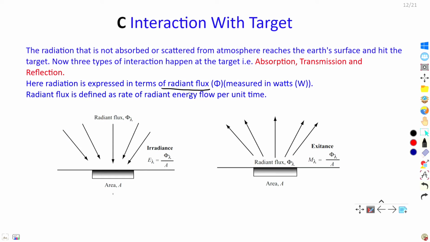Radiant flux is the rate of change of radiant energy per unit time. So from here I will talk in terms of radiant flux. The incoming radiant flux over an area or target is known as irradiance. The outgoing radiant flux is known as exitance. This is just a term you should keep in mind.